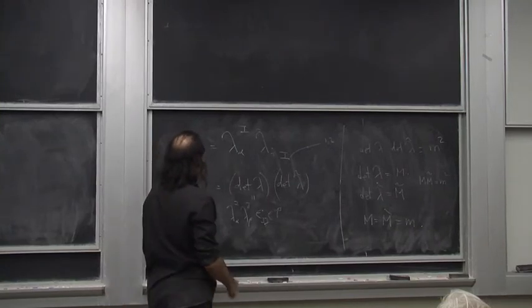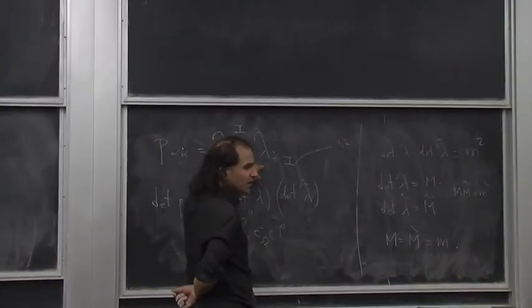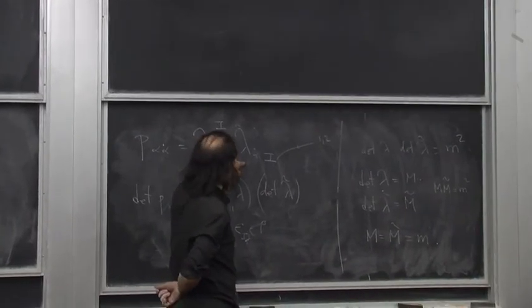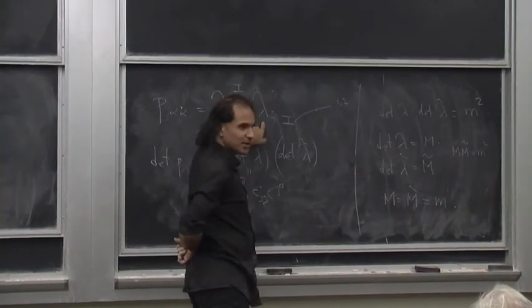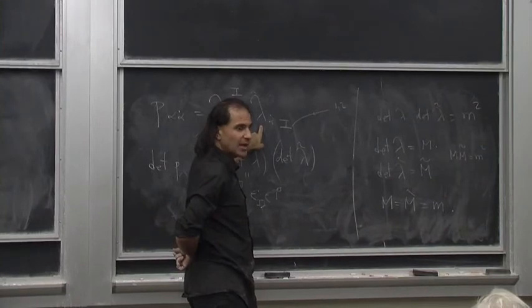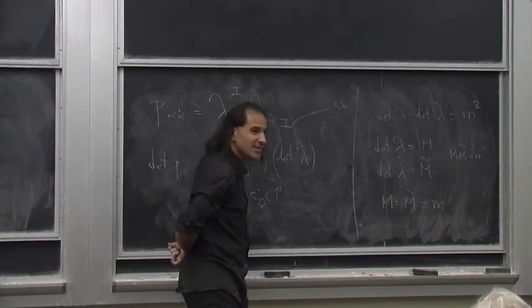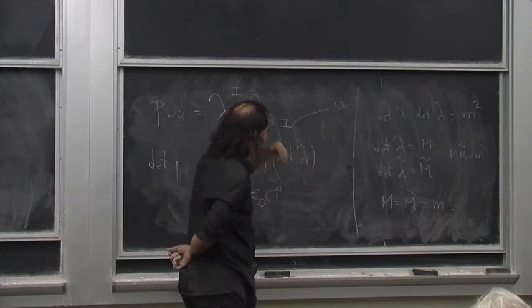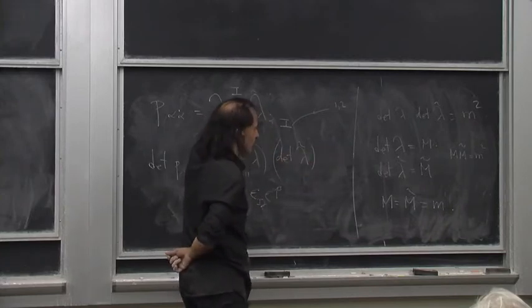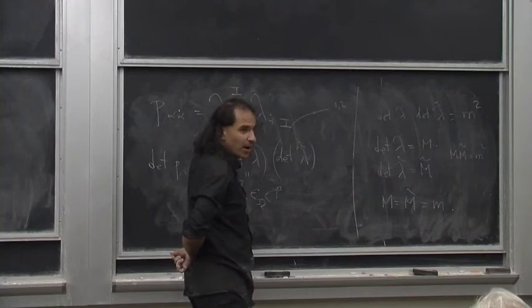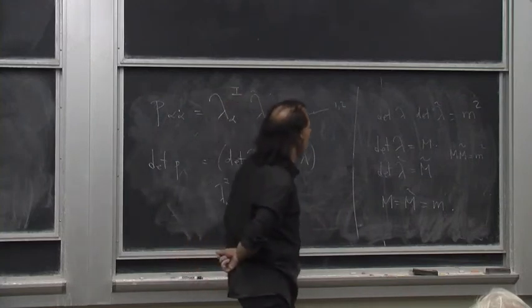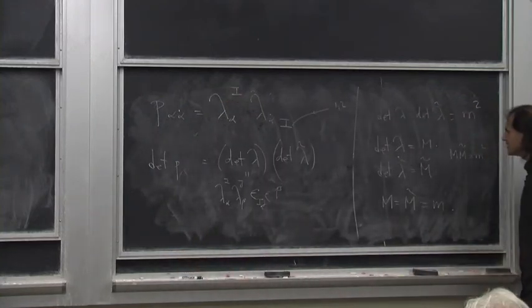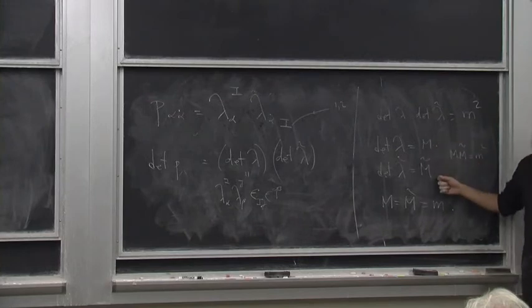You'll notice that I still seem to have the freedom in rescaling lambda and lambda tilde. Okay? I can rephase lambda and lambda tilde, or rescale them in the usual way with the t and the t inverse. So there's like a GL1 part of this. But that GL1 is precisely carried by M and M tilde. Okay?